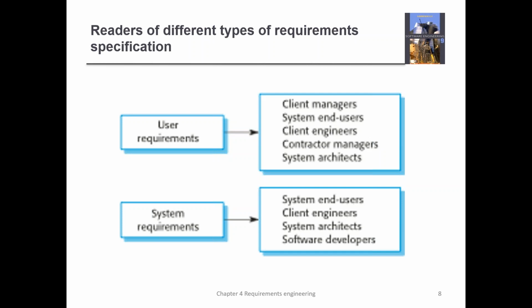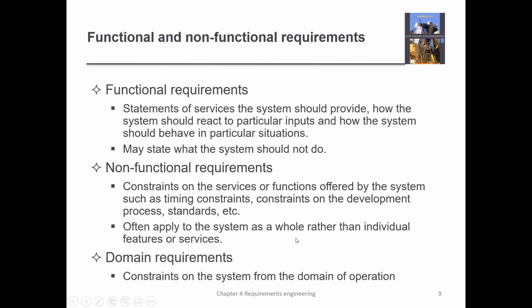And the software development side are the architects and the developers. I have been using the words analysts and developers. So those are the persons who see what the system requirements are, I should say.